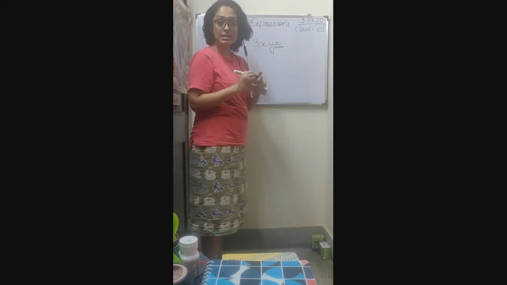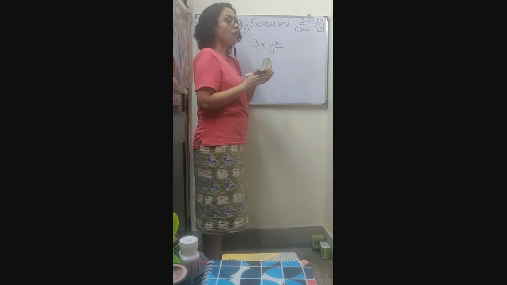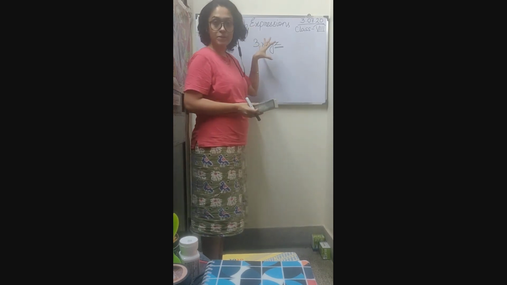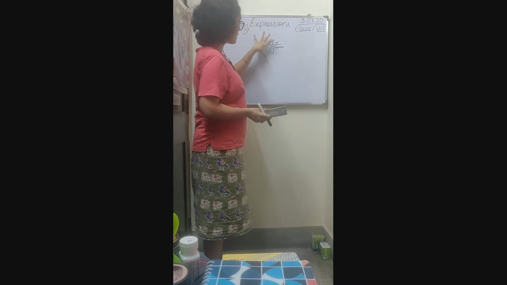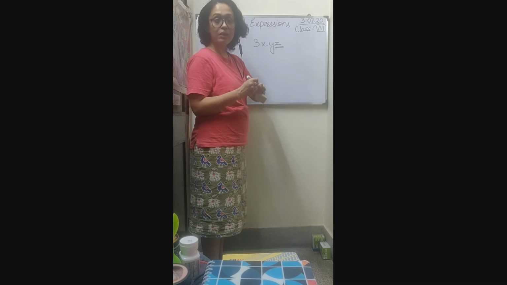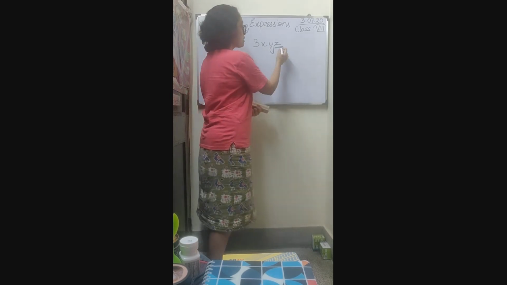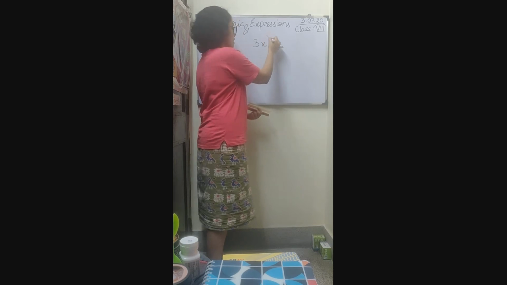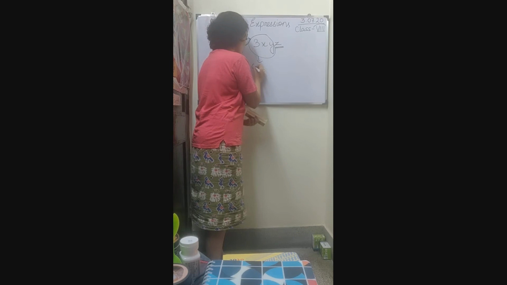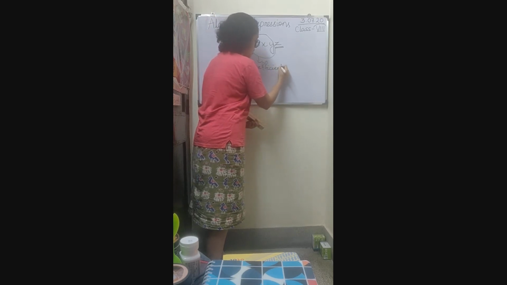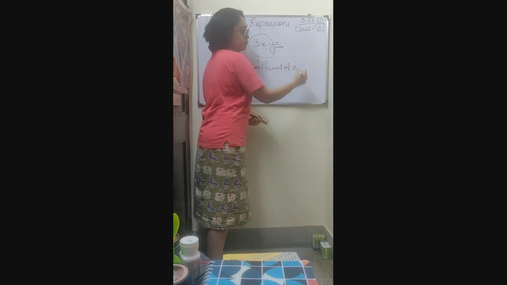So in this case, all the variables and constants together which are being multiplied with this variable of ours, z, are called the coefficient of z.